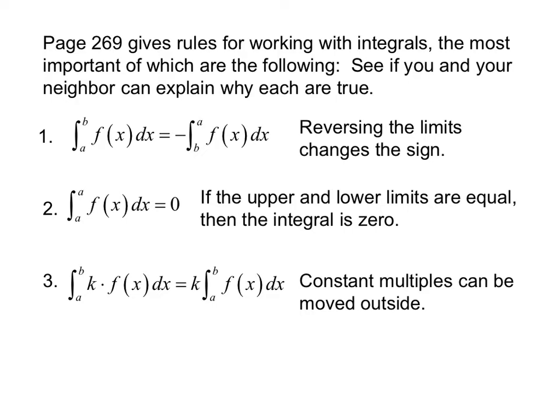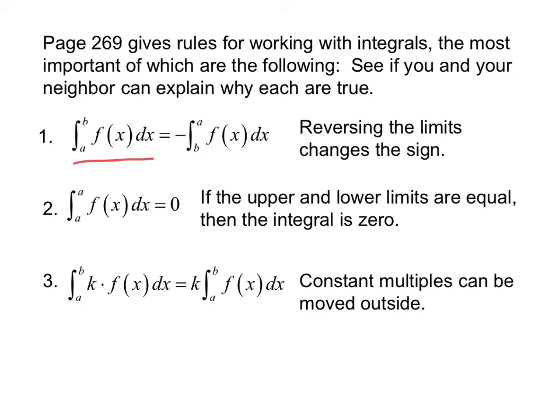Okay, so the first one, we can see that I'm integrating from a to b of f of x, and again, that would find the area underneath the f of x curve from a to b. And we would take the antiderivative and evaluate it, the antiderivative at b minus the antiderivative at a. Remember, there's a subtraction that happens when we're evaluating a definite integral.